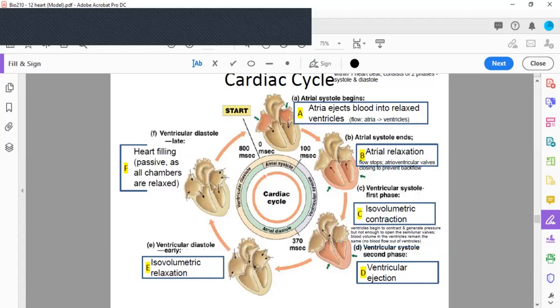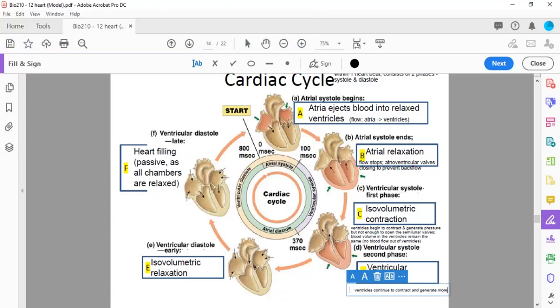The ventricles continue to contract and generate more pressure, enough to open the semilunar valves, to eject the blood volume out of the ventricles and into the two circuits.